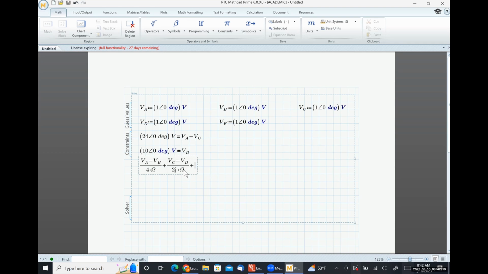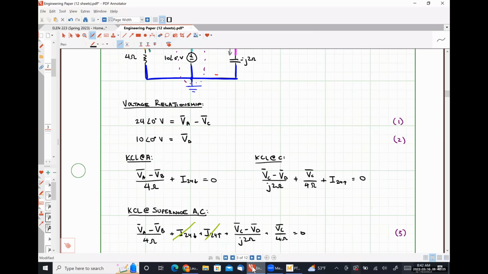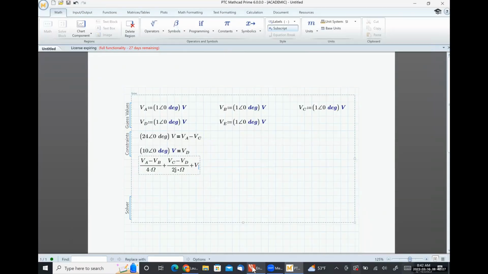Or don't use units and then it's just 2J. Then we have VC over 4 ohms. And this is going to be control equal to 0, again, because this is another one of our constraint equations. So enter this one in.